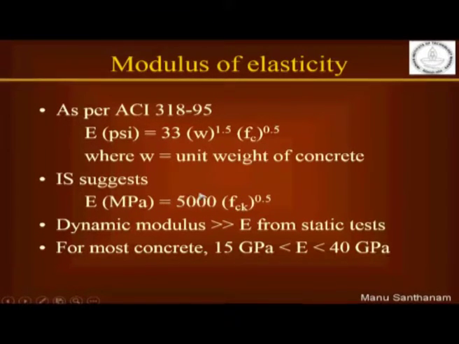Please remember that this 5000 term comes about because of assuming a typical standard unit weight of concrete, which is typically 2400 kilograms per cubic meter. If you use that in this equation, you end up getting close to this relationship of 5000 square root of fck. Again, this is only based on data which was generated a long time ago.